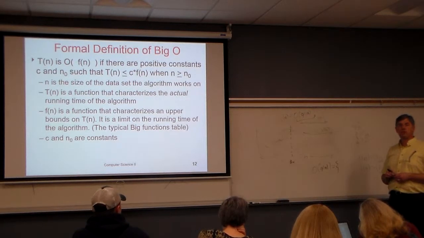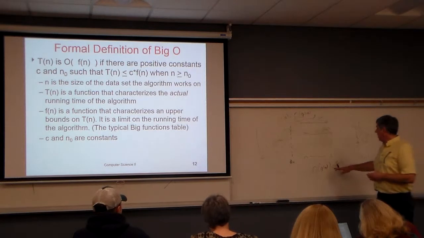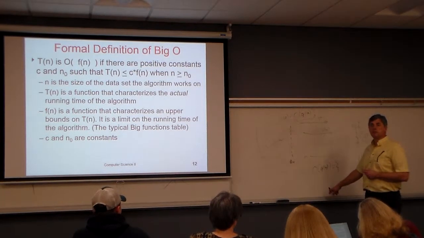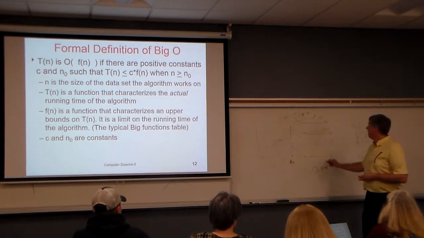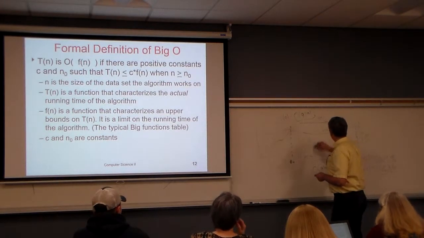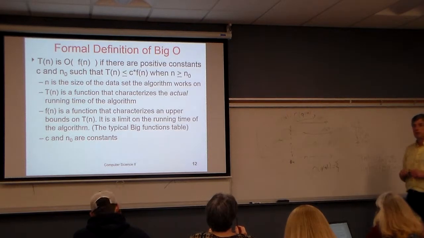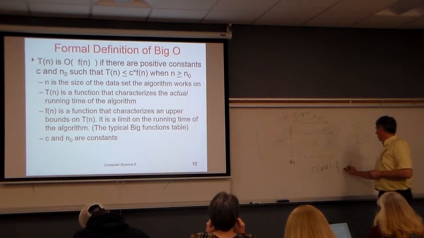It's a set of functions that have a growth rate that's equivalent to g of n or less. It's an upper bound. It's all of these functions that you can include under the graph of g of n.